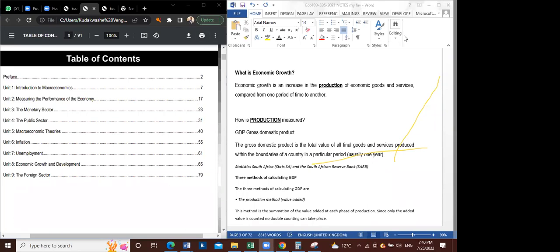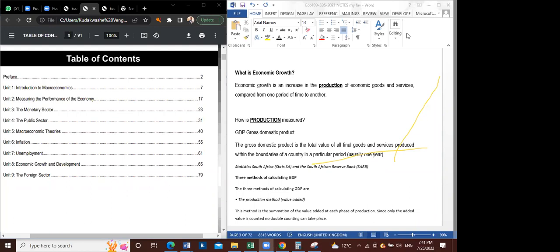So we've talked about economic growth, and we say that economic growth refers to an increase in the production of economic goods and services compared from one period to another. So when you're comparing the production that is happening over a period of time, and you realize that the value of the production is increasing, that is what we are referring to as economic growth. And the production itself, which is the key word, we want to see how the production is measured within an economy.